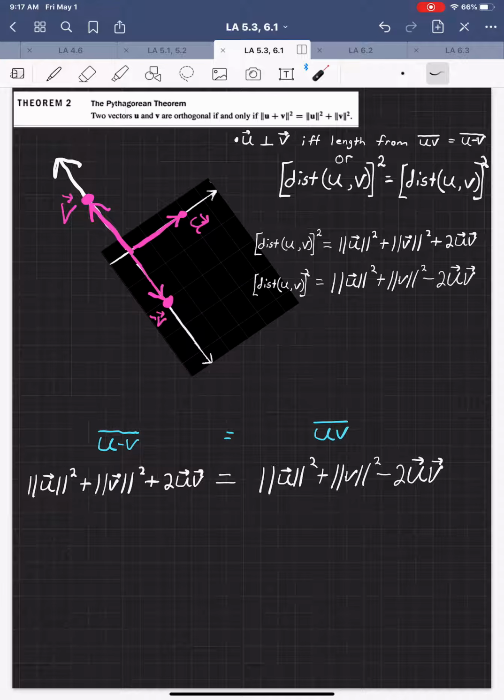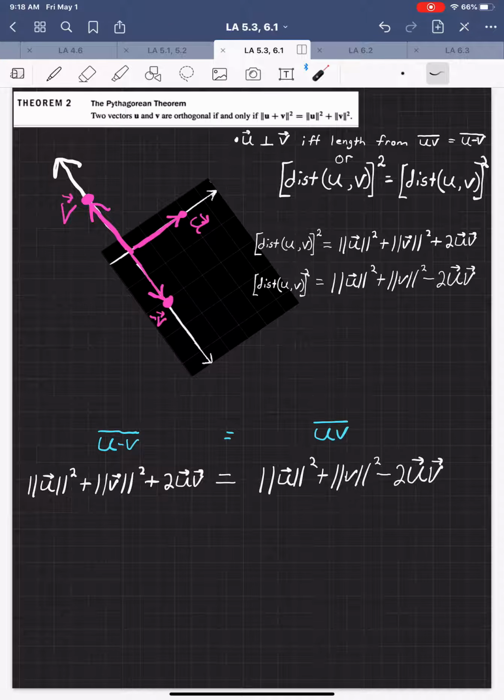The only reason we have these three different vocabulary words for the same concept is because when discussing vectors, we use the word orthogonal, and we use the word perpendicular when we're discussing lines, and so forth. For our purposes, these are just synonyms.